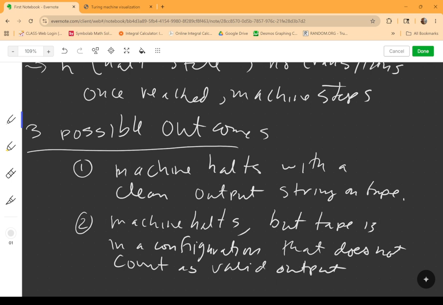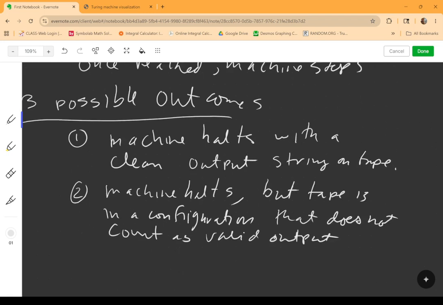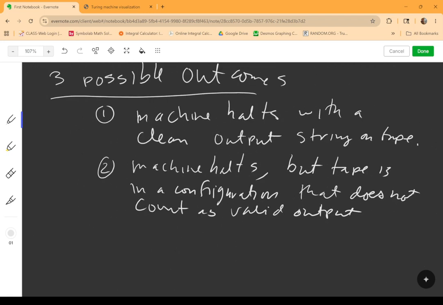Think of it as analogous to our DFAs: a clean output is like reaching an accepting state, and outcome 2 is like the machine ending but the string being rejected.